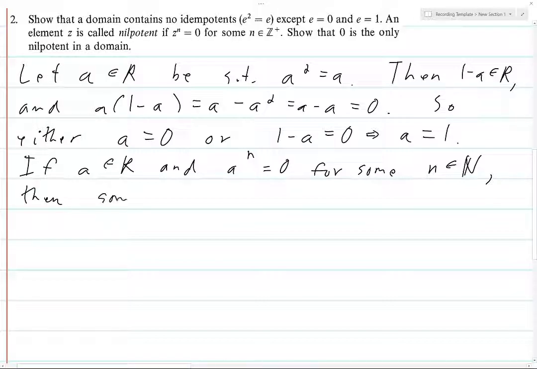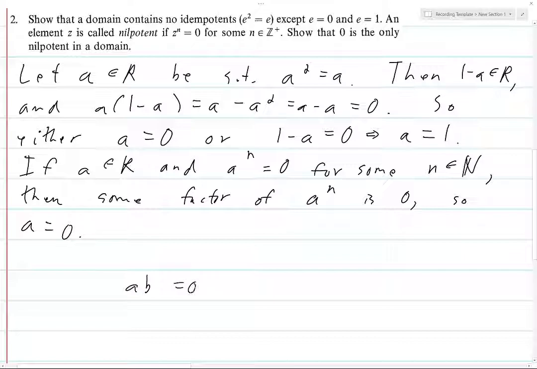then some factor of A to the n is 0, so A equals 0. That's because, well, you know the whole thing about AB equals 0 implies A equals 0 or B equals 0 in a domain.